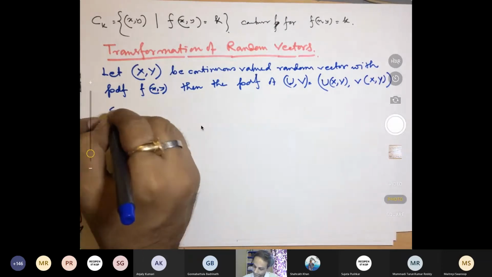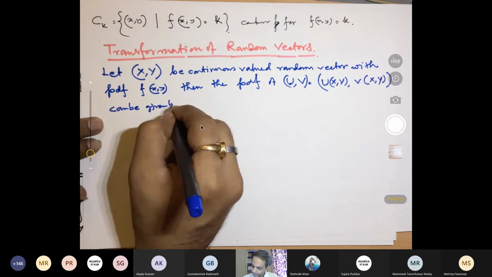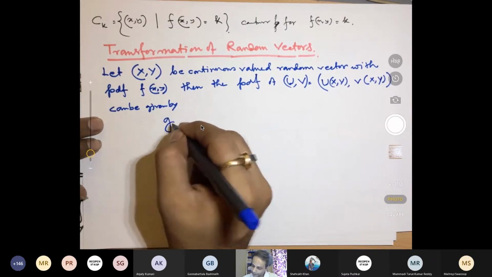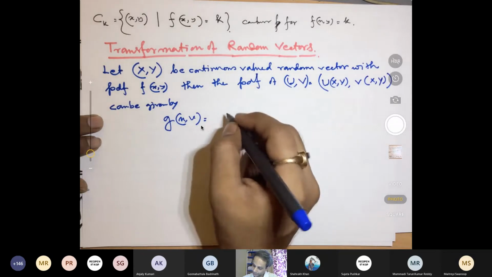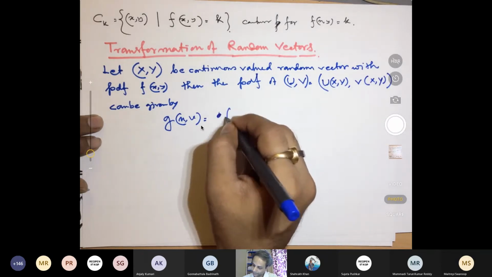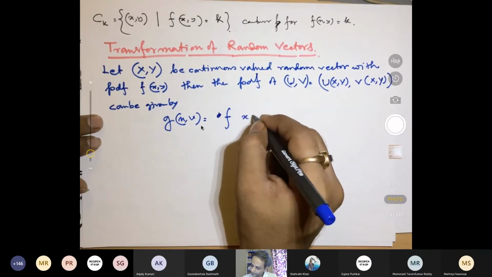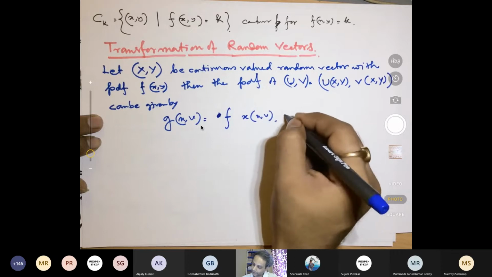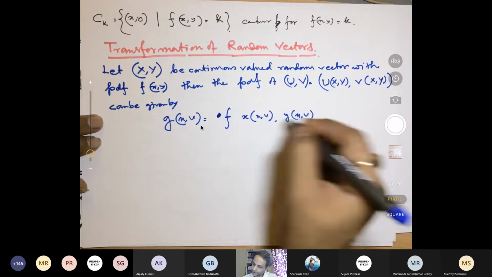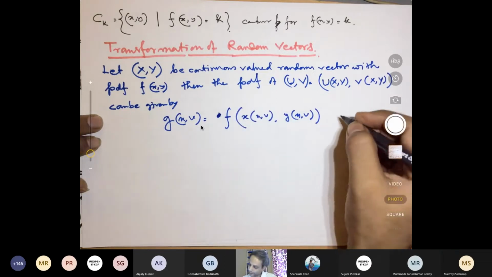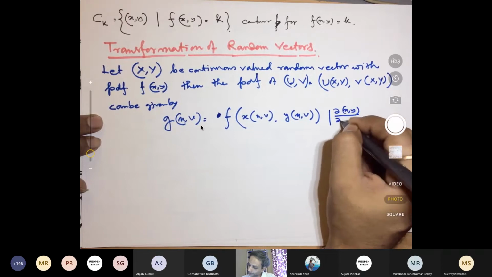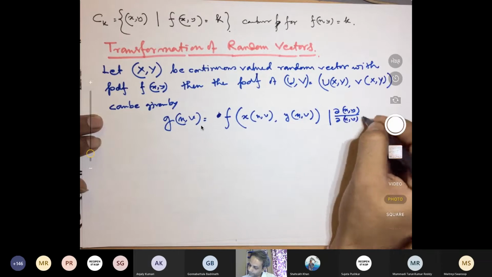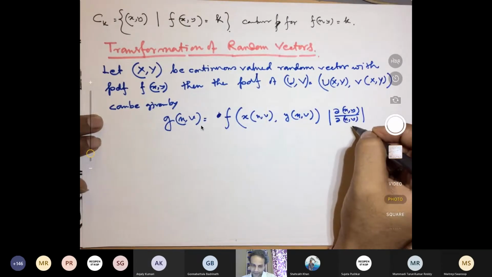It can be given by, say, g_UV, which is nothing but, if you consider X in terms of U and V, Y in terms of U and V, that is the reverse transformation, multiplied by the determinant of the Jacobian, the derivative of del (X,Y) by del (U,V).